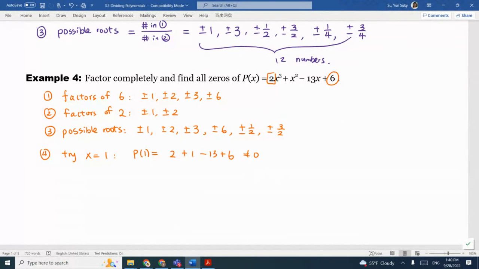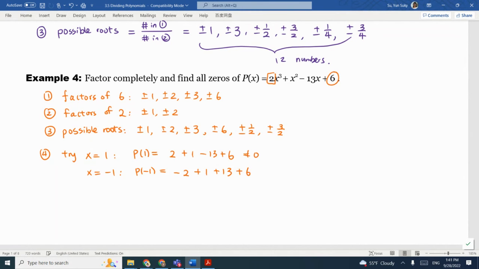Okay, everybody? Okay, and then we continue. -1. P of -1. What's -1 cubed? -1. So we have -2. -1 squared, 1. -1 times -13, positive 13, right?